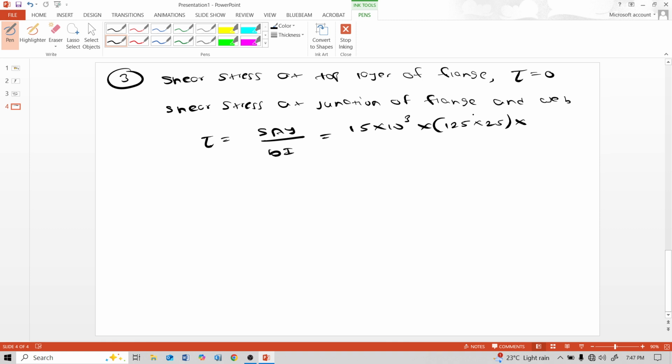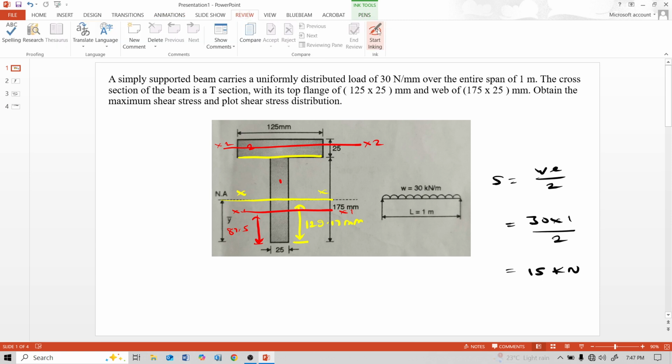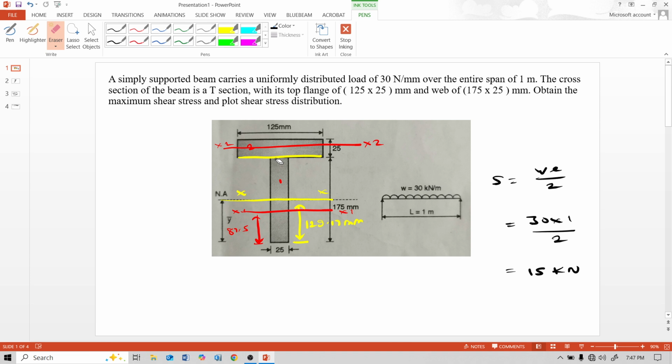And y is the centroidal distance above the neutral axis, the CG of the area above the junction with respect to the neutral axis.